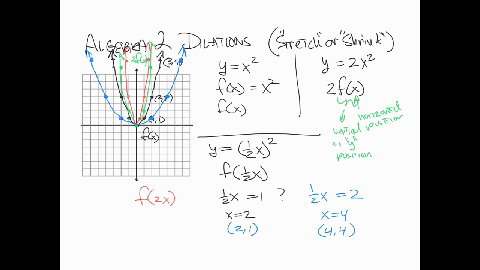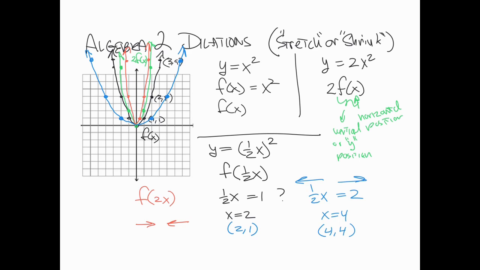So that's cool. Having f of 2x meant that our parabola was shrunken horizontally. It was dilated in a compression effect. And in the case where we had a 1/2 inside the parentheses, we had an expansion horizontally, or a stretch.